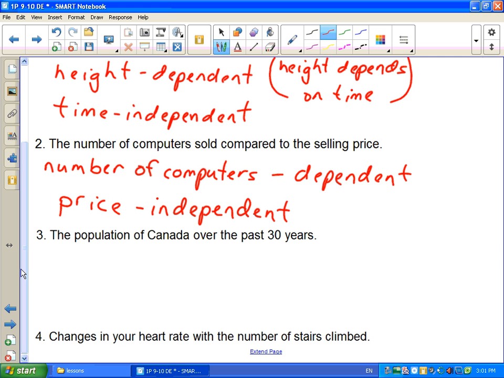Number 3 here, the population of Canada over the past 30 years. What are the two variables? We've got population, and we could say this is over time, or the number of years.